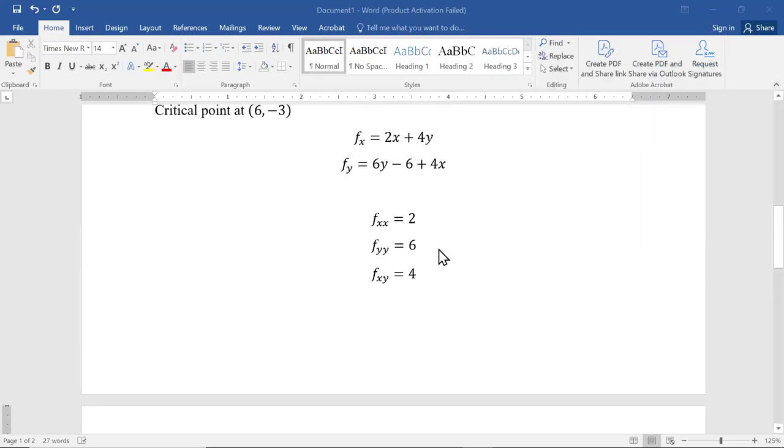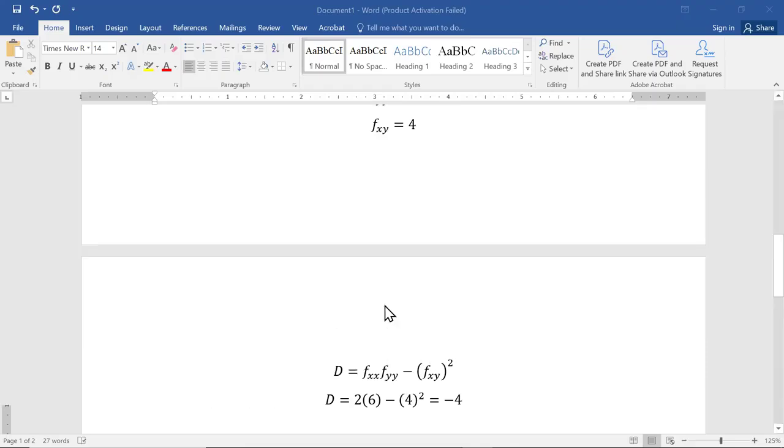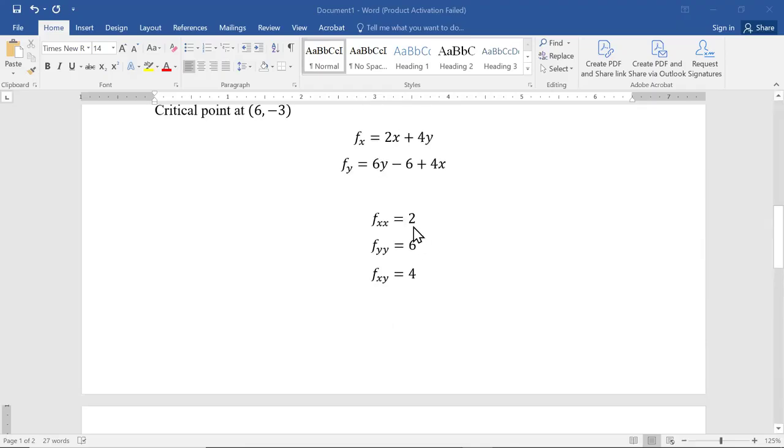Just as a note, this is why the D is so important, rather than just looking at f sub xx and f sub xy. You might have concluded that since it looks like it's concave up in the x direction and concave up in the y direction, you might think, oh, that means I should get a relative minimum.